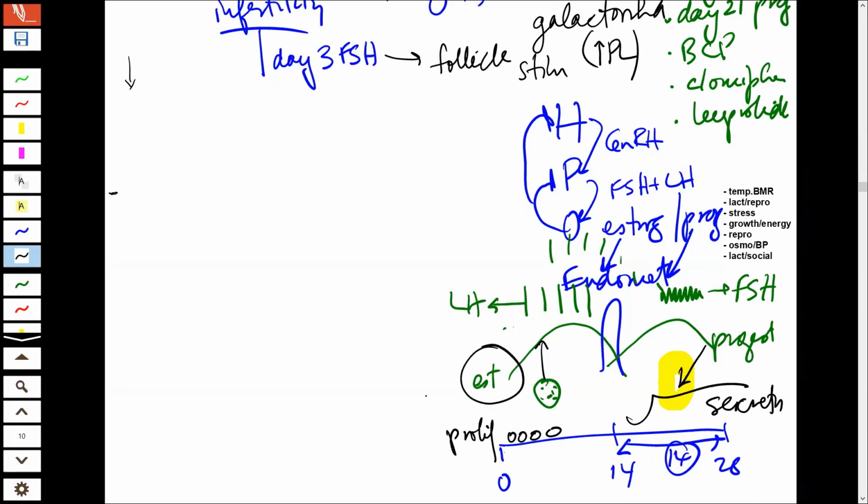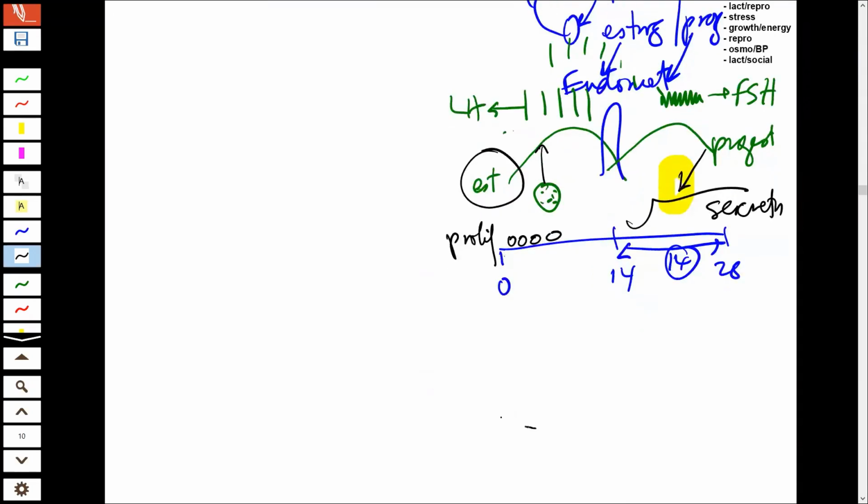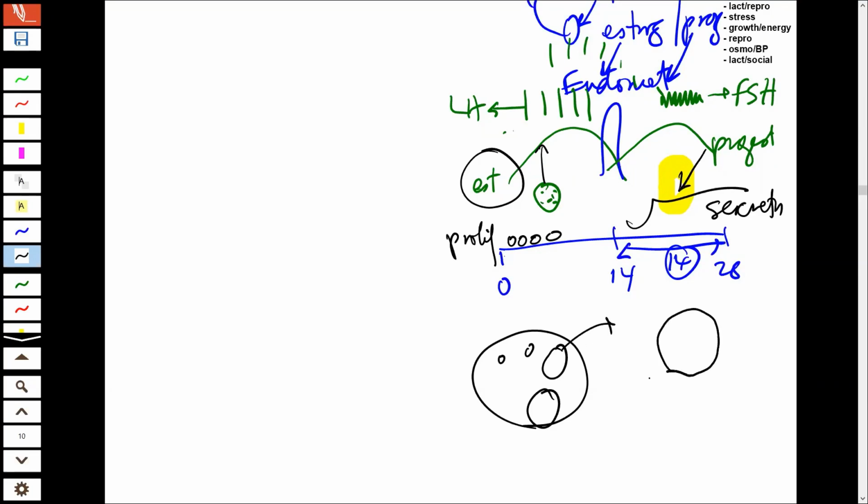So when I say to you, give me a follicle, do you have a picture in your mind of what a follicle looks like? Okay, let's just come down here and make sure you got a picture of how that looks. So if here's my ovary and here are my follicles, right? When you take a look at what a follicle looks like, this is the picture you want in your head. Here's the follicle, and it is lined by my granulosa cells.